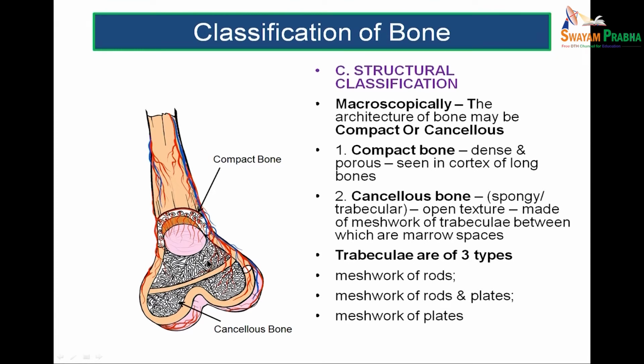Since it has spaces, it's also called spongy bone or trabecular bone. It has an open texture and you can see meshwork or trabeculae. Trabeculae could be of three types: a meshwork of rods, rods and plates, or just of plates.